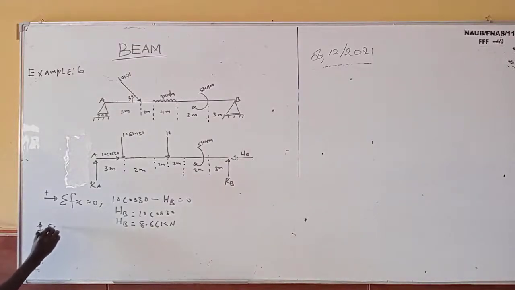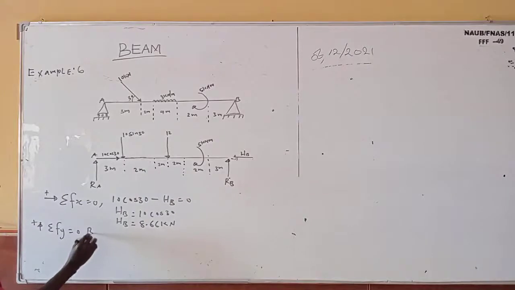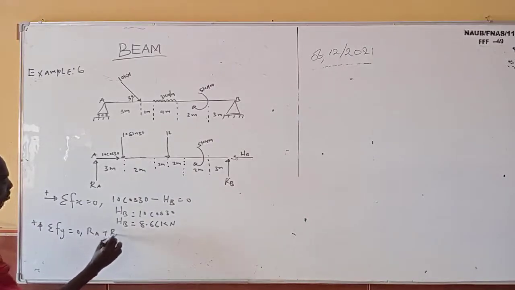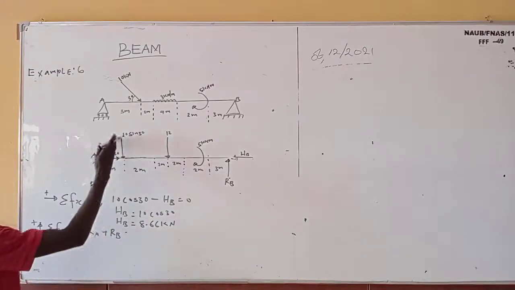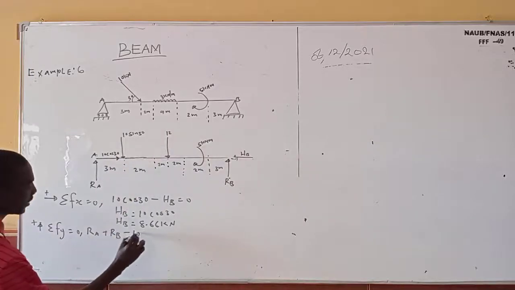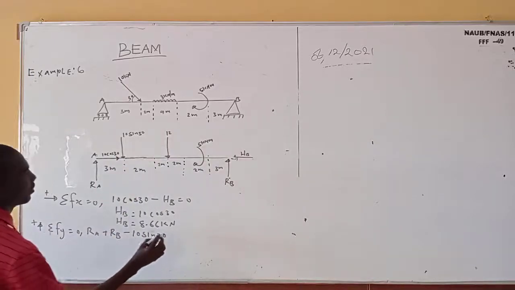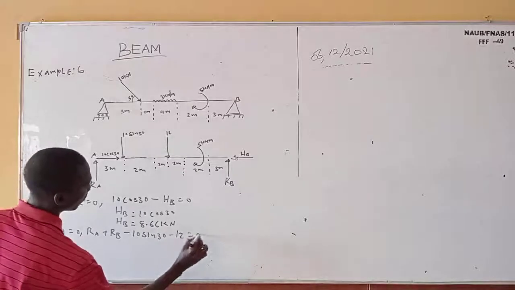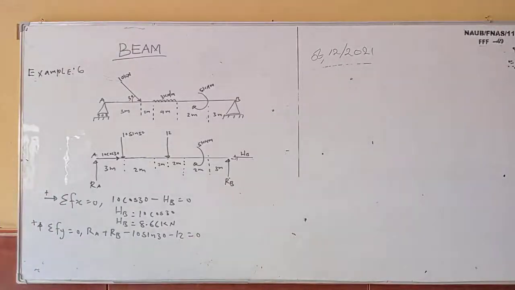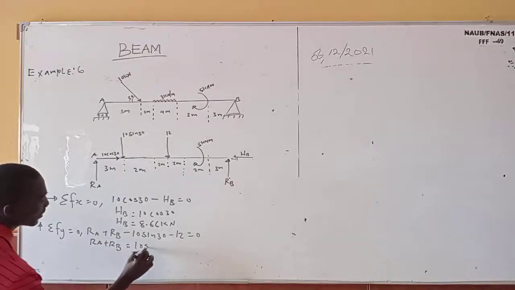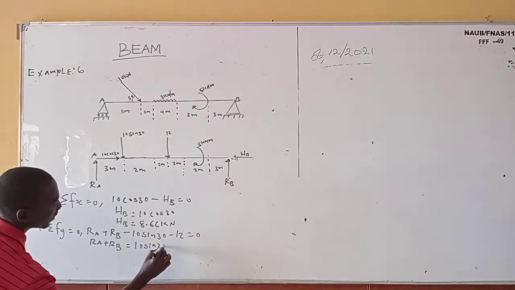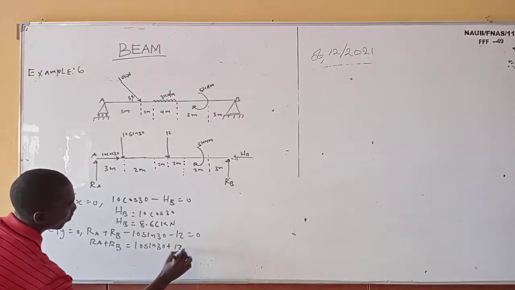So now the next thing is to find our summation of y forces. Upward force should be positive. So it means that arrow A plus arrow B, then this one will be negative. So minus 10 sine 30 minus 12 equals 0. So now arrow A plus arrow B will be equal to 10 sine 30 plus 12.